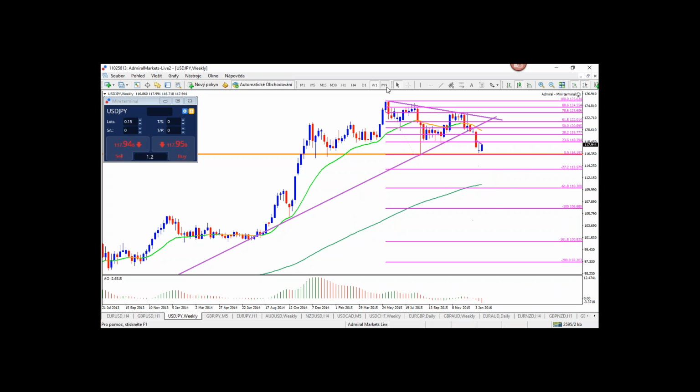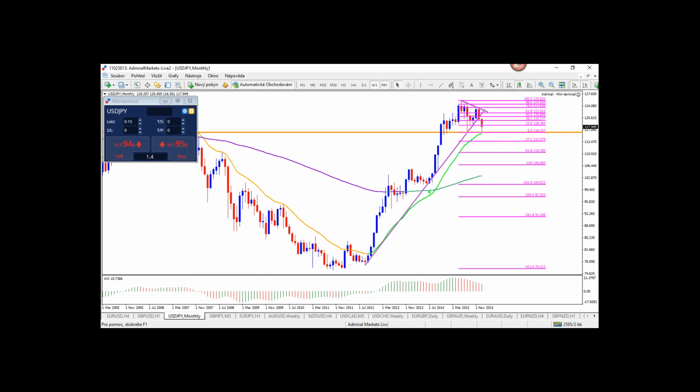Because if you look even larger, I don't want to bore you with all these degrees of things we're looking at, but ultimately this could just be a correction. Because if you look at this monthly chart, this has not touched the 21 EMA in about 3 years. Now it's finally doing so.